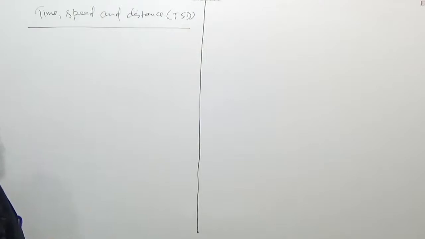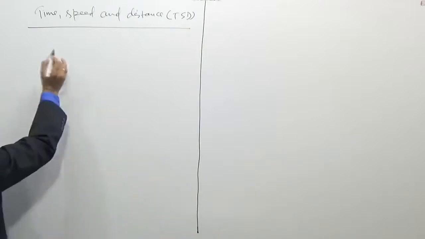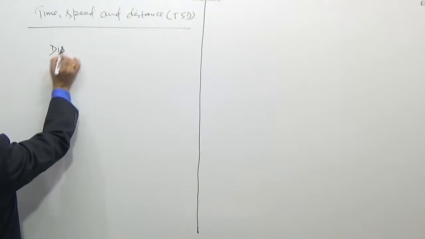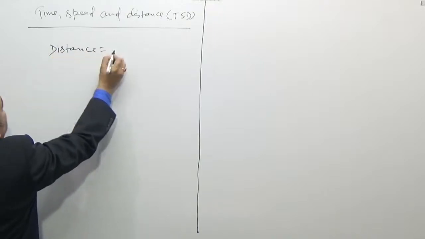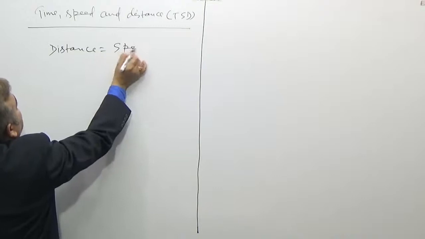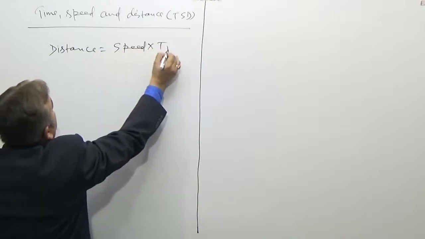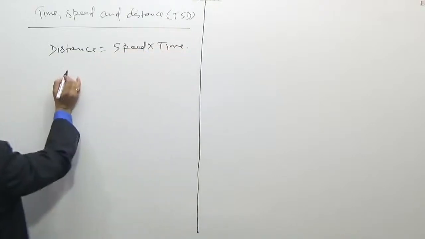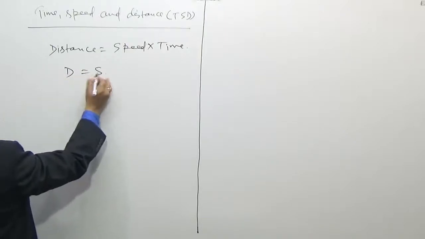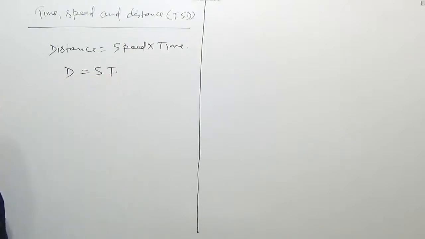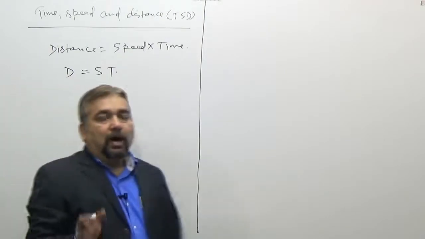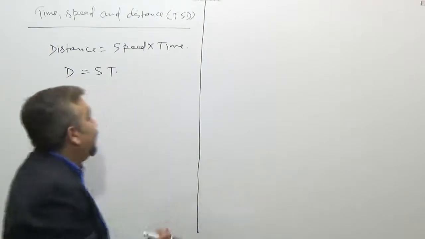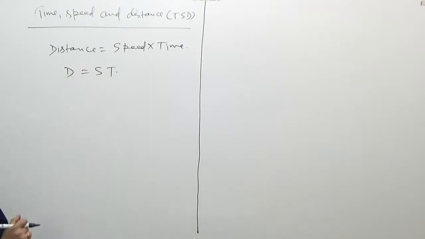The basic equation is distance equal to speed into time. In short we say D equal to S into T. First of all, I will discuss three ratios based on this basic equation.